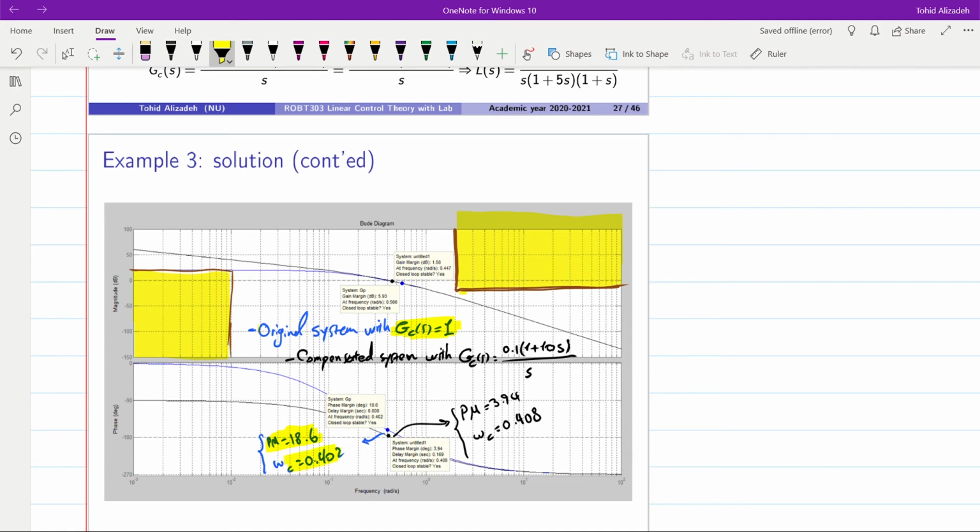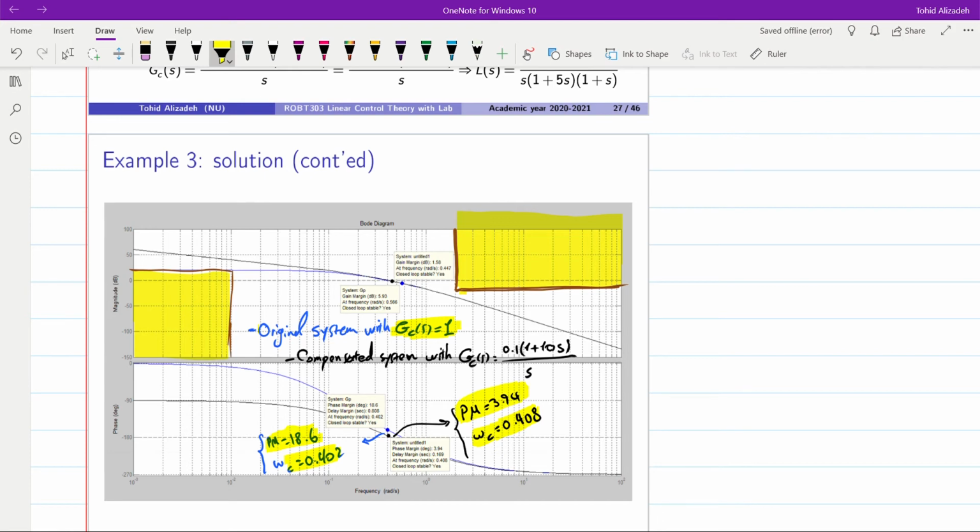After introducing the PI controller, as I just explained, the crossover frequency has moved a little bit, just a little bit, towards plus infinity. So crossover frequency has increased a little bit. And since we have also introduced some negative phase into the system, the phase margin now has become quite small indeed, 3.94. So this is indeed the effect of having the PI controller already.